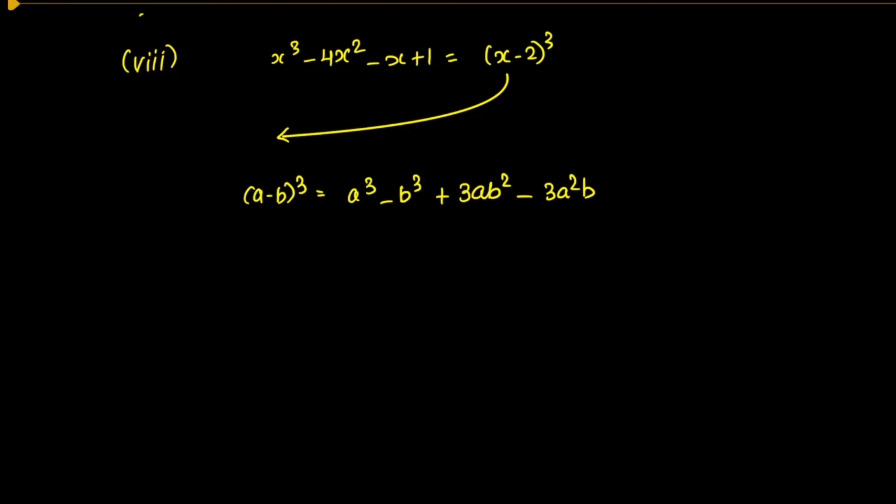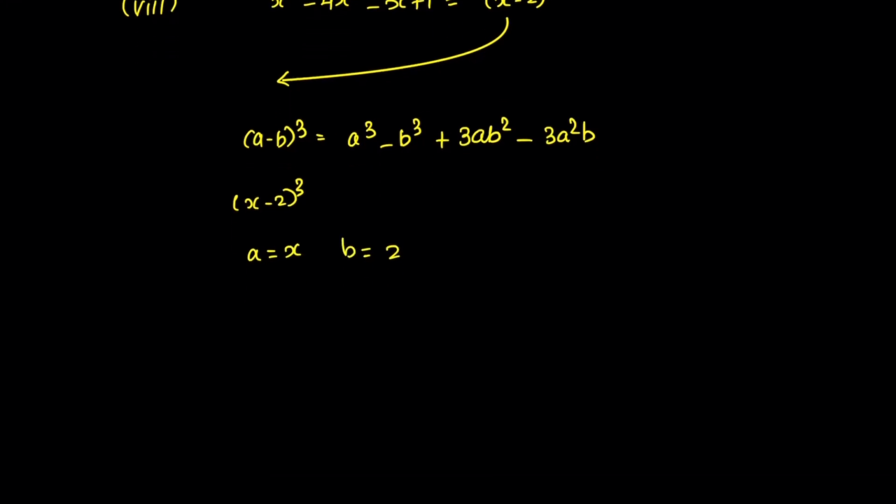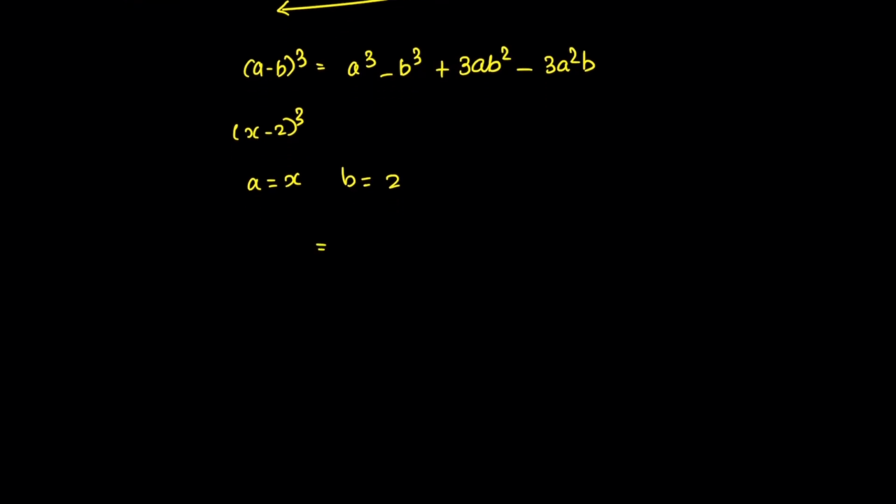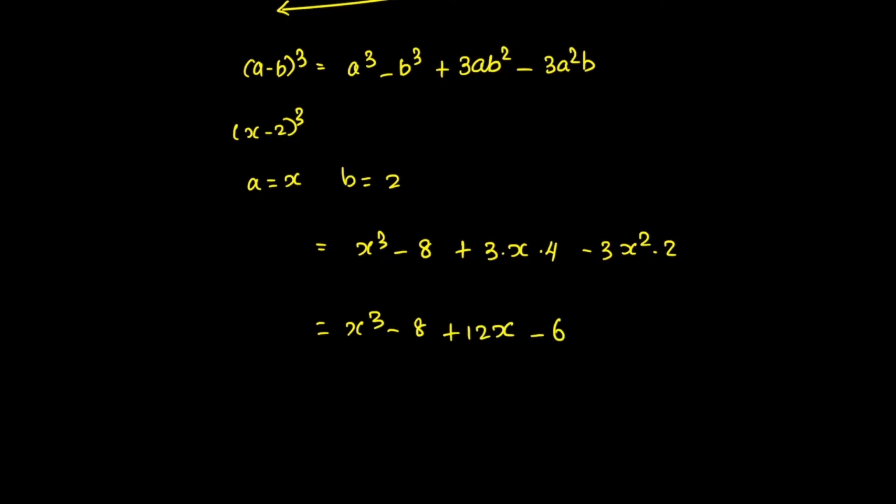So now the position of a is equal to x and b is equal to 2. Just expand: x cube minus 8 plus 3 times x times 2 square, which is 4, minus 3 times x square times 2, so it is equal to x cube minus 8 plus 12x minus 6x square.